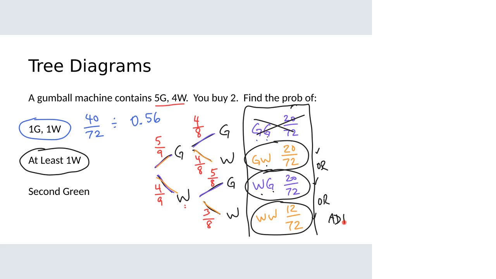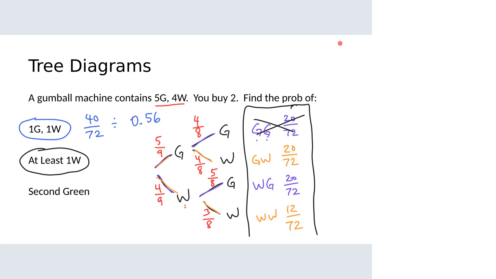So I need to add all those together. When I do that, I have 20 over 72 plus 20 over 72 plus 12 over 72 is 52 out of 72. You could reduce those if you want to, but you don't have to. You can leave them just the way they are.